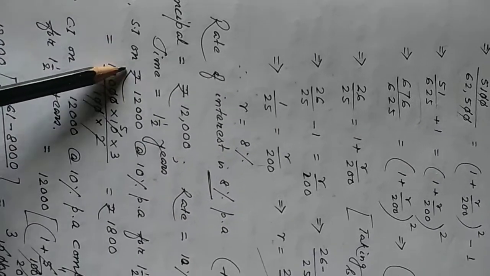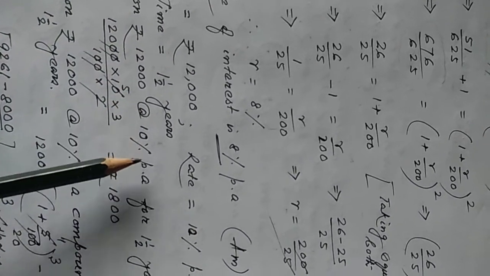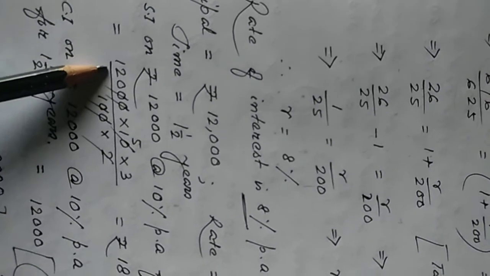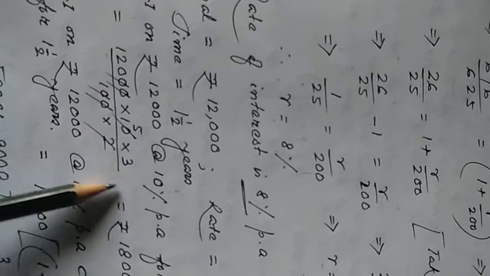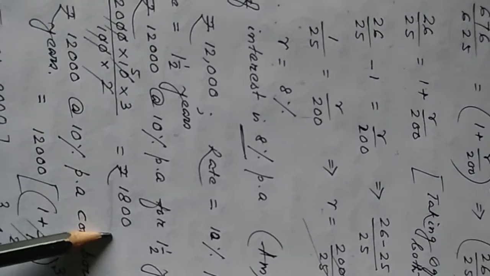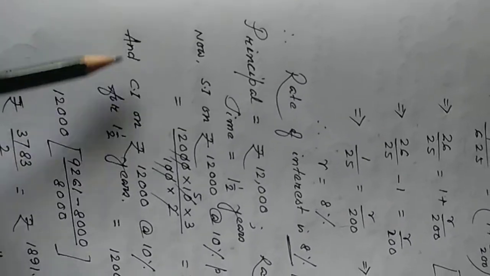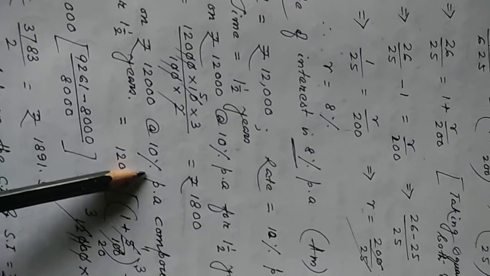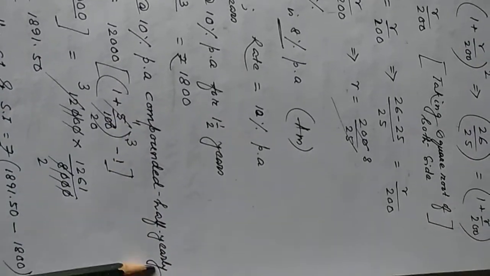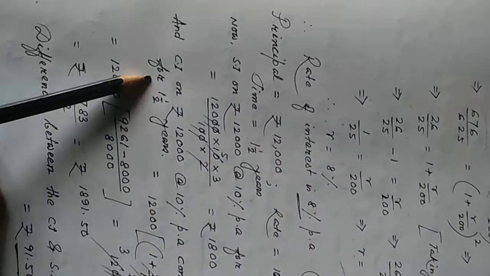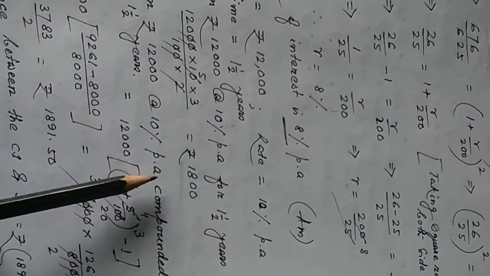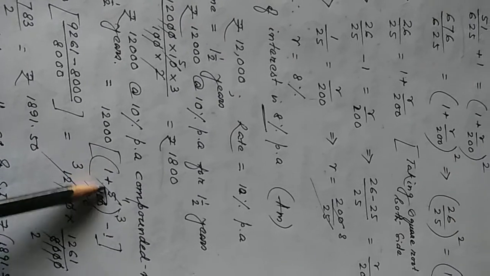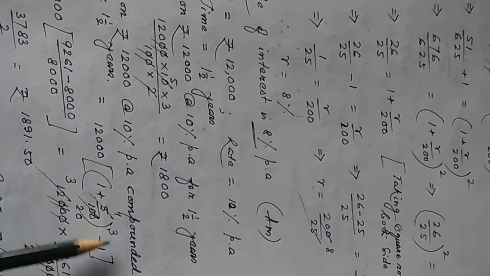Now simple interest on rupees 12,000 at 10% per annum for 1.5 years, it will be by the formula principal into rate into time by 100. So by this way we are getting rupees 1800. And compound interest on rupees 12,000 at the rate of 10% per annum compounded half yearly for 1.5 years, this will be 12,000 whole into 1 plus 5 by 100 whole cube.